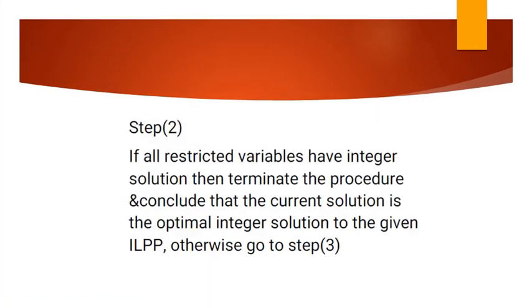If all integer restricted variables have integer solution, then terminate the procedure and conclude that the current optimal solution is the optimal basic feasible solution to the given integer linear programming problem. Otherwise, go to step 3.